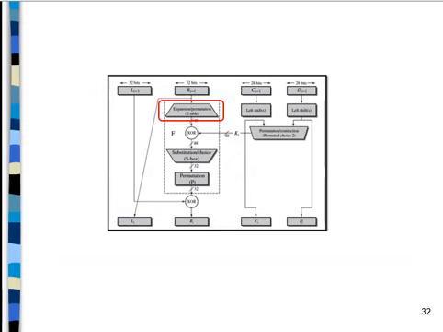In each round, we will have 32 bits. As you can remember, our input is split into two blocks, the left side and the right side. Each side consists of 32 bits.